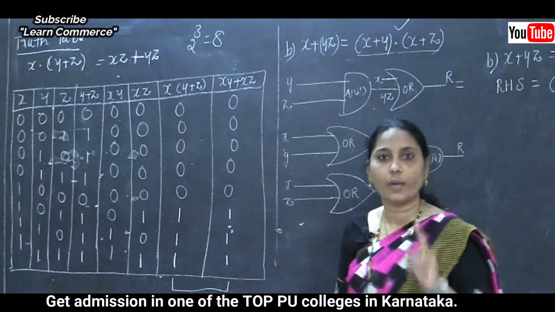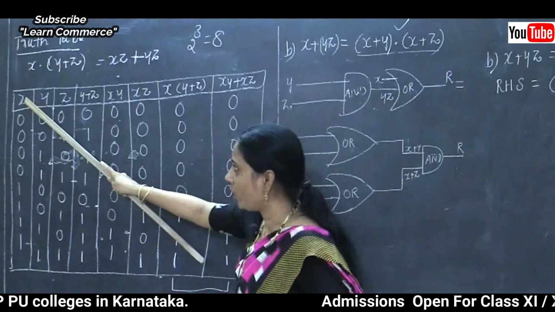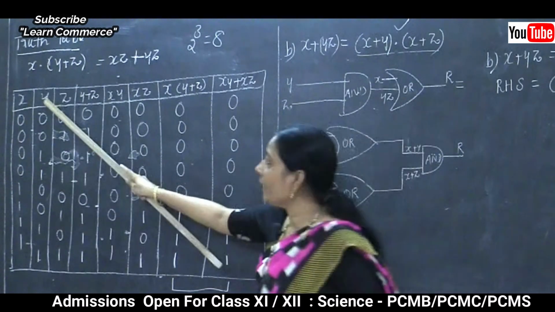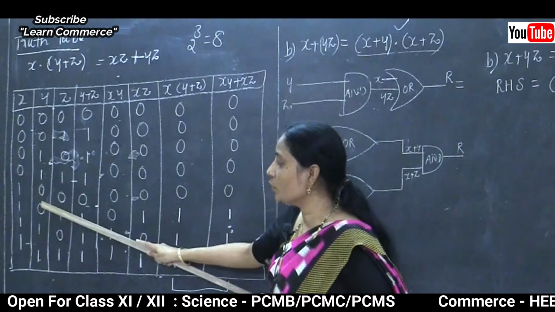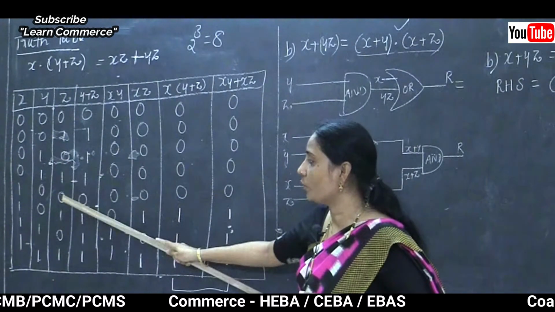In the x column we use the values 0 0 0 0 1 1 1 1, in y 0 0 1 1, 0 0 1 1, and in the z column 0 1, 0 1, 0 1, 0 1.